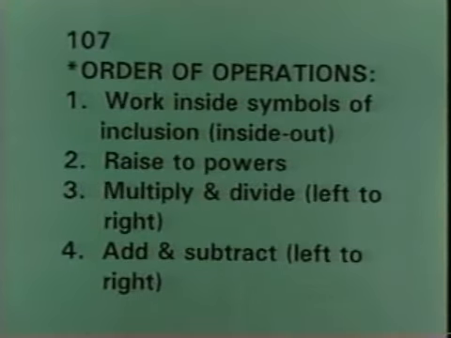Finally, you add and subtract. In adding, you get large very slowly. Subtracting, you get small very slowly. But they're considered to be equal operations in that respect. Therefore, you do whichever comes first. So we're going to add and subtract left to right.